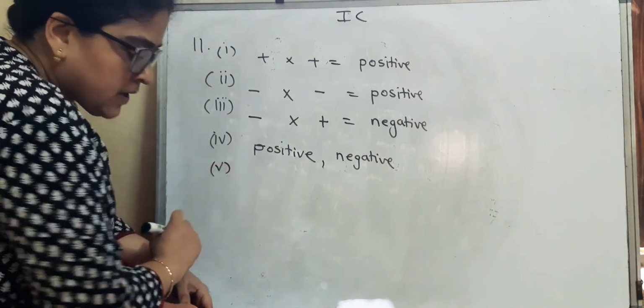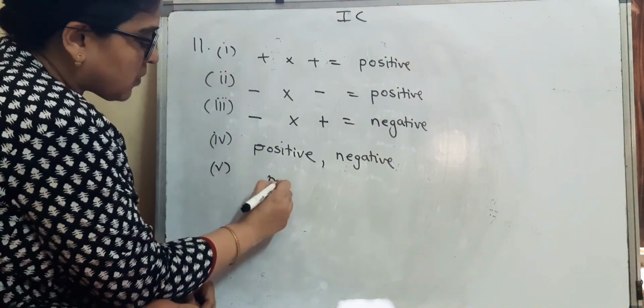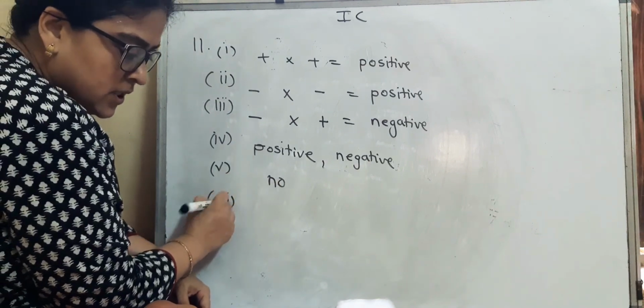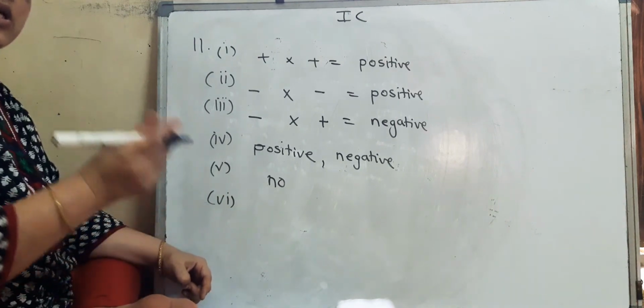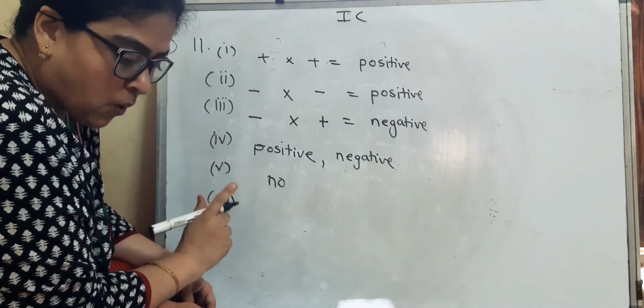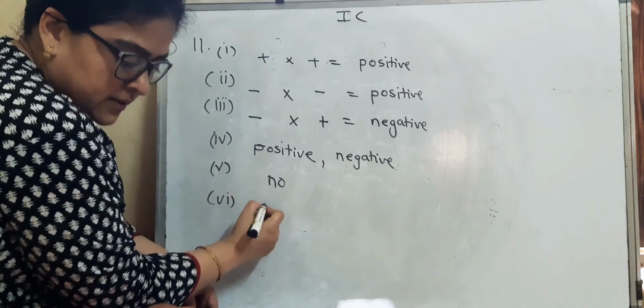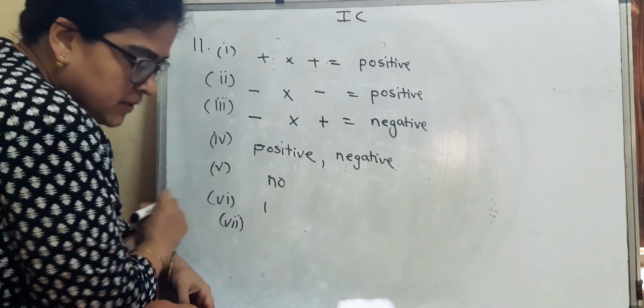Now fifth one: the rational number 0 has no reciprocal. Sixth: the product of a rational number and its reciprocal is always 1.